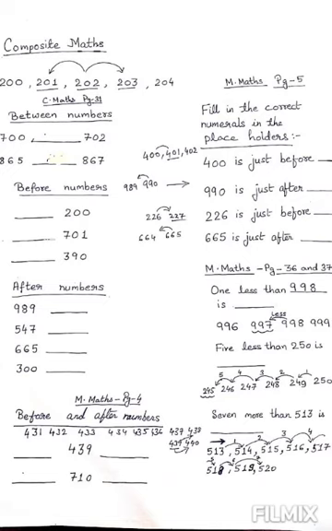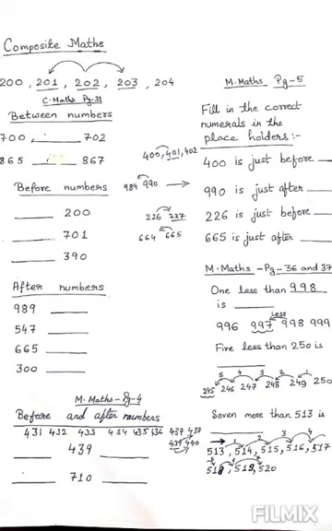So 5 less, then we have to come 5 steps back. If you start counting backwards from 250, you will get 249, 248, 247, 246, 245. So the number will be 245.